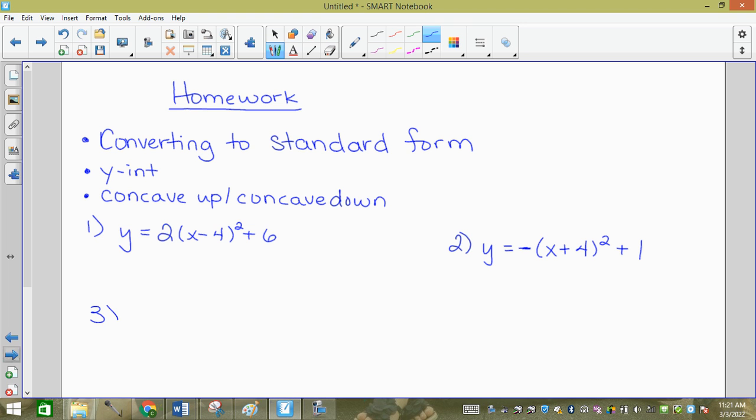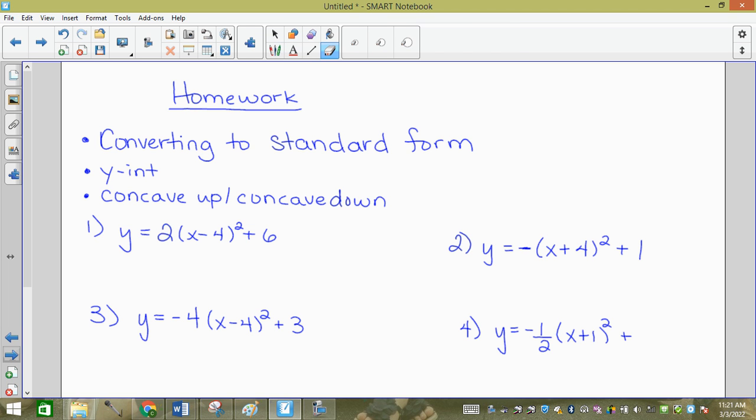Number 3, y equals negative 4(x minus 4) squared plus 3, and then I'm giving you a fraction. Number 4, y equals negative 1/2 (x plus 1) squared, not plus, minus 3. Those are your 4 questions, and you can check them. I don't need to give you answers, right? If you work now, you'll be finished.